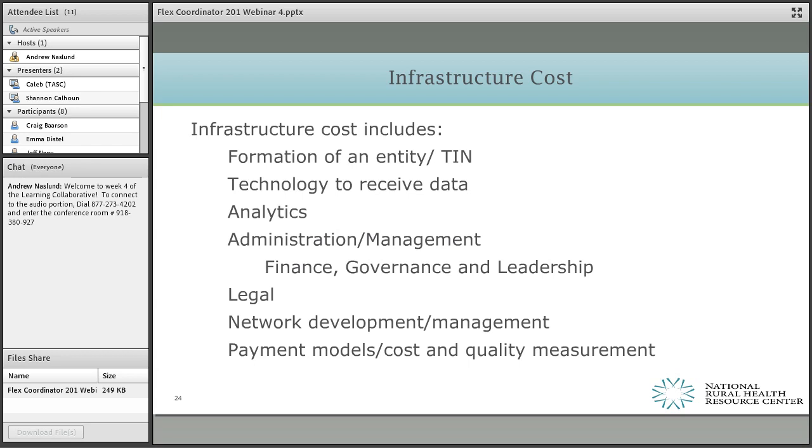Then a lot of times you see clinically integrated networks started by hospital systems because they already have existing infrastructure. They already have existing talent within their system to be able to do that. If you're not dealing or creating a CIN with that, you would have the cost of the administration and management of the CIN in itself.